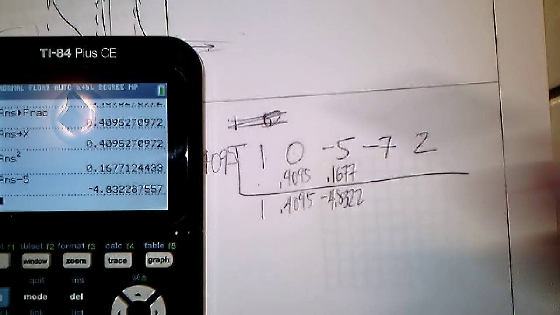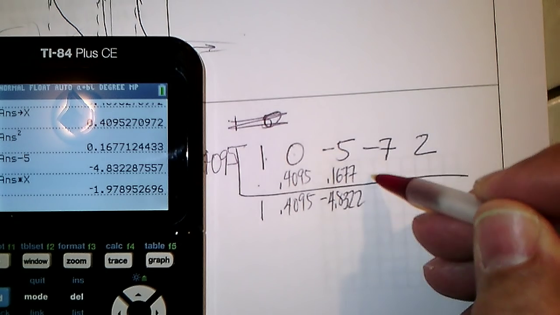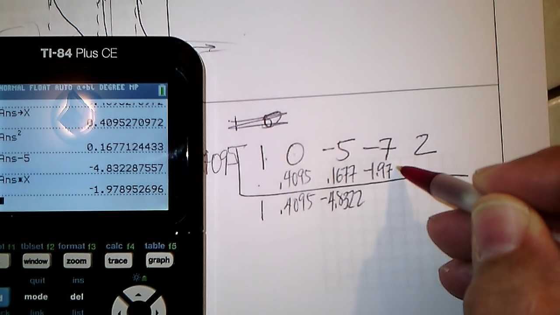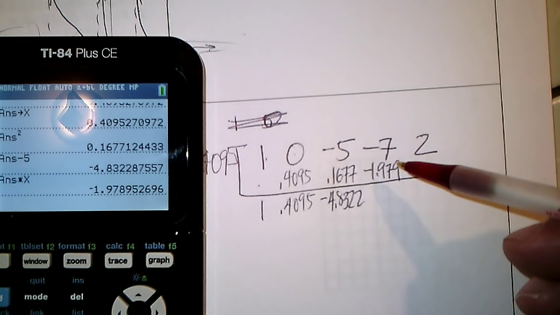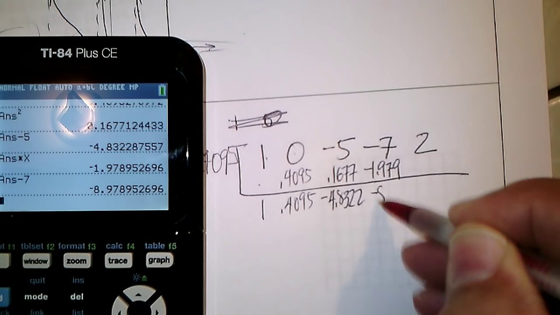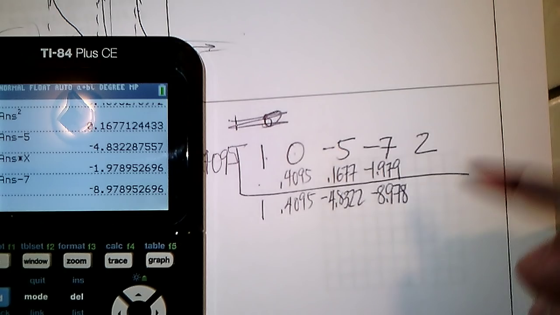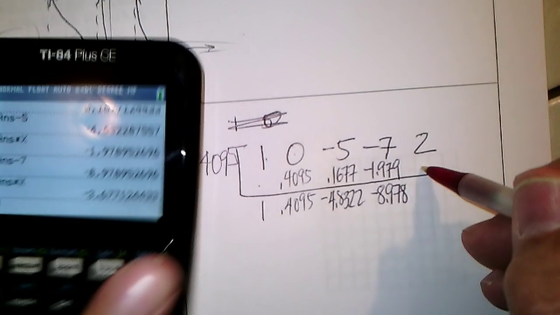Then I have to take it times what x was, the original x that I stored it in, so that's minus 1.979, and then I gotta go minus 7 from that, and I get minus 8.978 times x, and I did something wrong here.